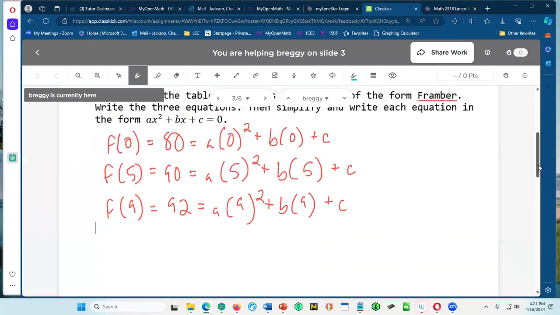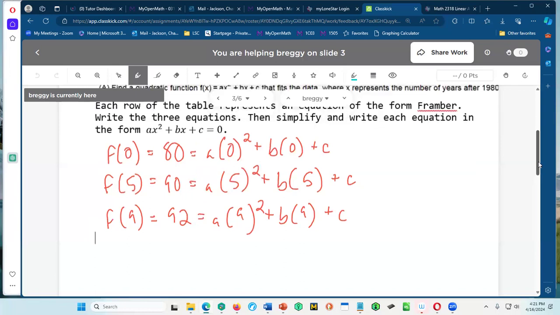We will simplify because we're going to reuse these equations. So go ahead and simplify the equations.